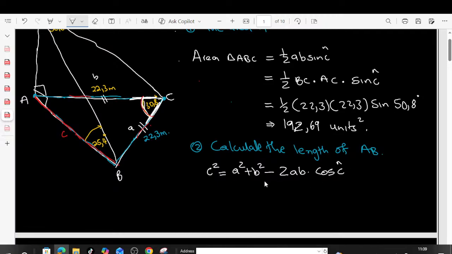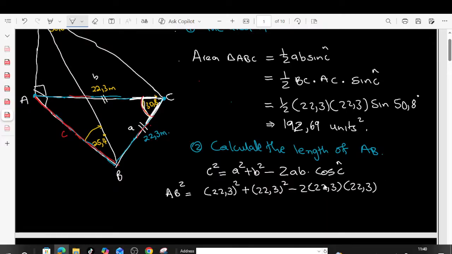Okay, I'm happy with that. What can I do from here? What is c? We know that c is AB, which is what we are looking for. So this will be my AB squared, which equals small a, 22.3 squared, added to b, 22.3 squared, minus 2 times a, which is still 22.3, times 22.3.